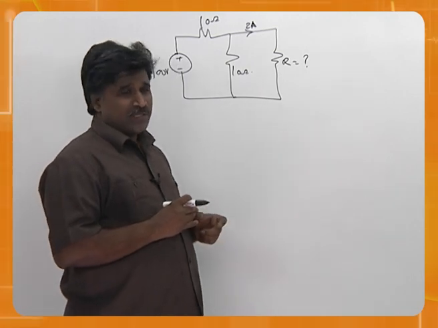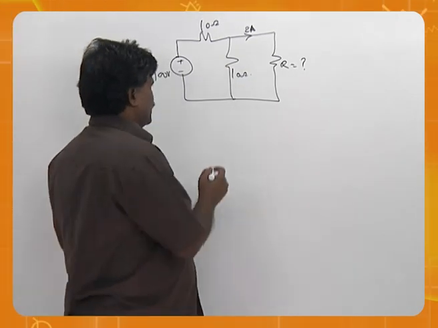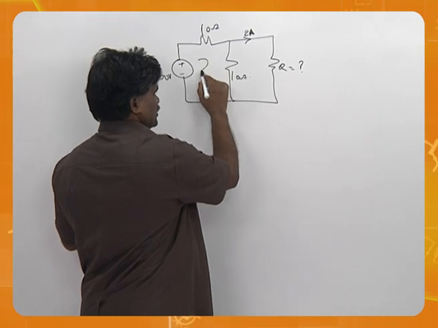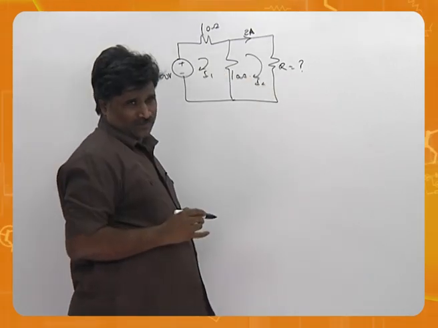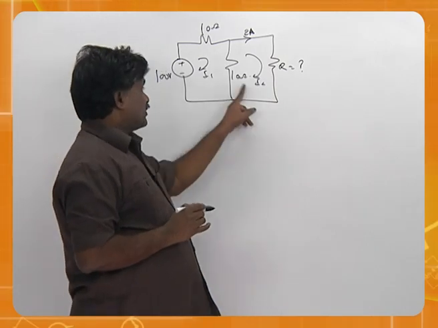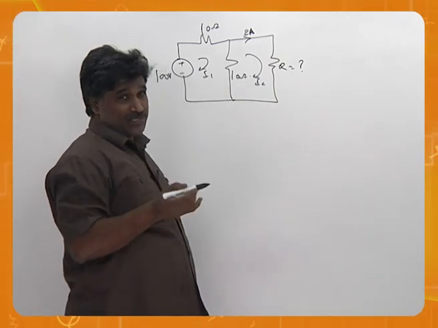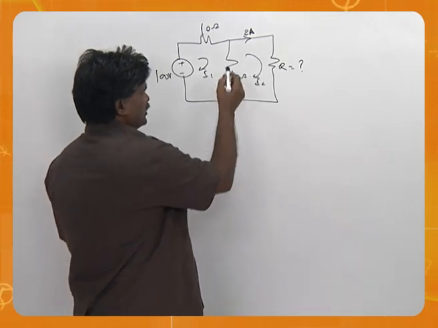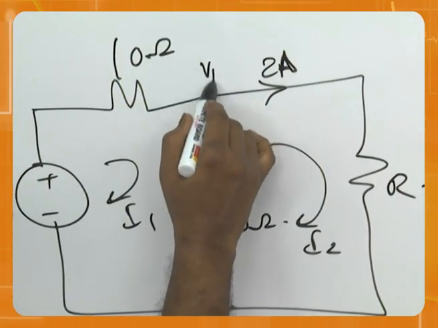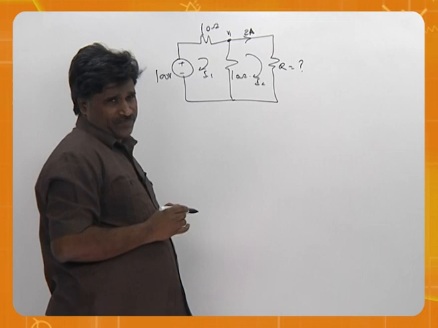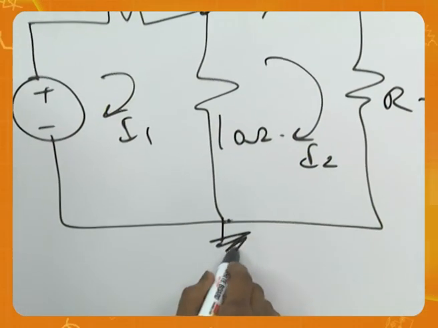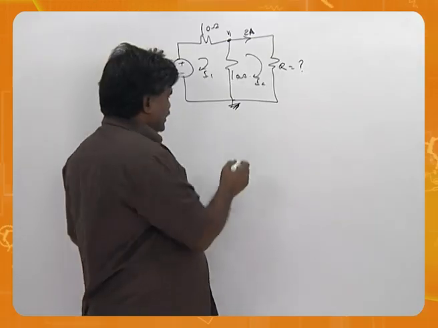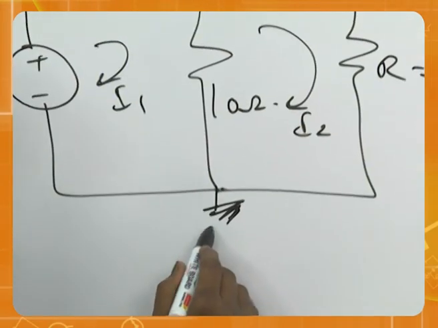For example, if you take loops, you can call this loop 1 and loop 2. It will give 2 equations to solve, and that is a waste of time. But if you see the nodes, this is one node, let us say V1. And this is another node that is called ground. By taking this as ground, people call it a reference node.